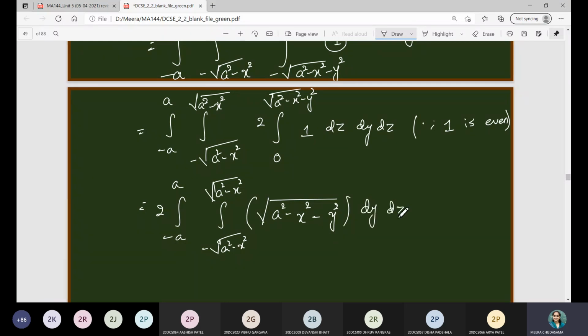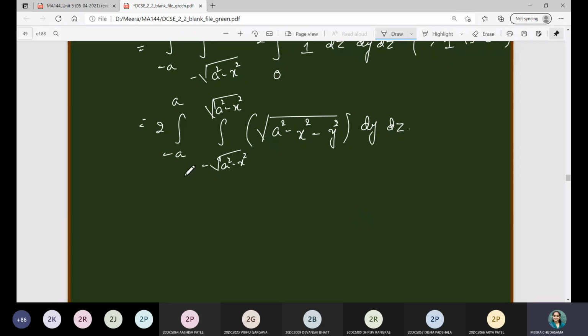Now we have to consider the integral with respect to y. If we consider this integrand as a function of y, we treat x as a constant quantity, and a is already constant. When I consider f of minus y, since y square occurs in the integrand, it won't affect the function, so f of minus y is the same as f of y.